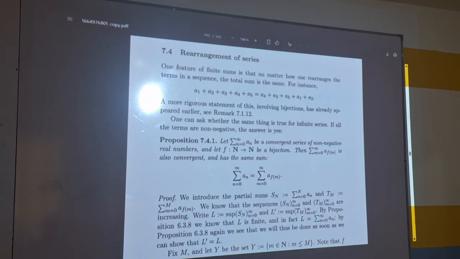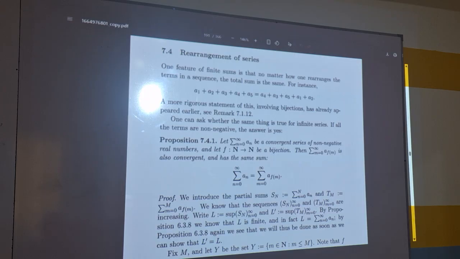L equals the supremum of S_N and L' equals the supremum of T_M. By proposition 6.3.8, we know L is finite. Why? The sup of S_N is the sum of the series, and we say it is a convergent series, therefore L is a real number.